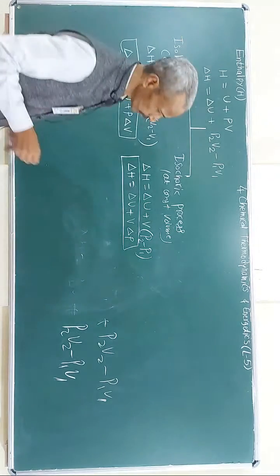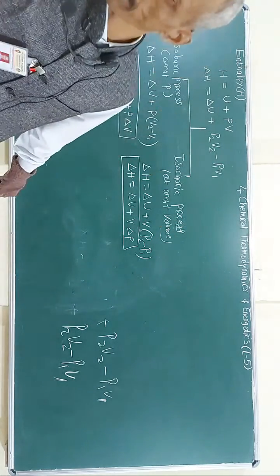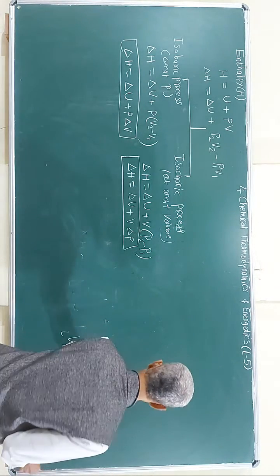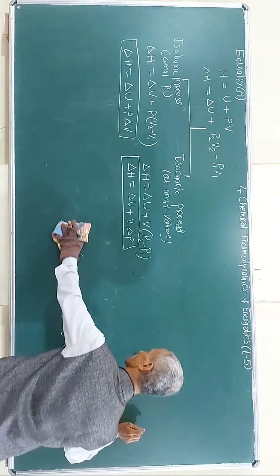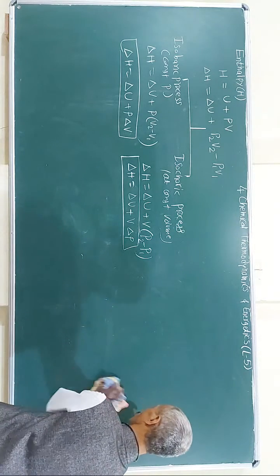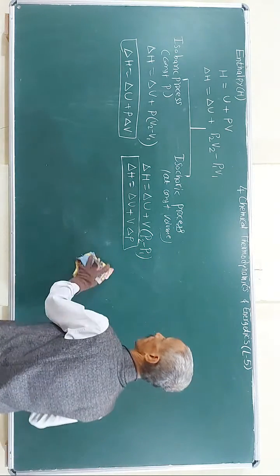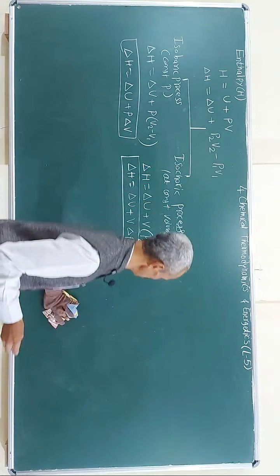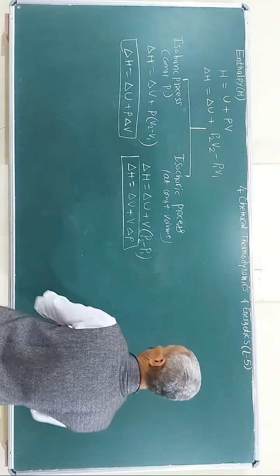Now one more thing, if the process is carried out isothermally. What is isothermal? Iso means similar, thermal means heat or temperature, so the temperature remains constant.